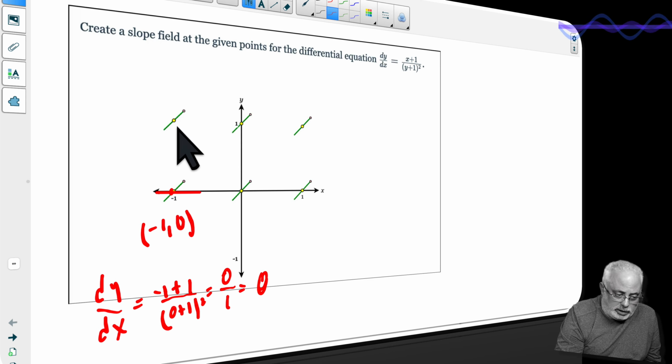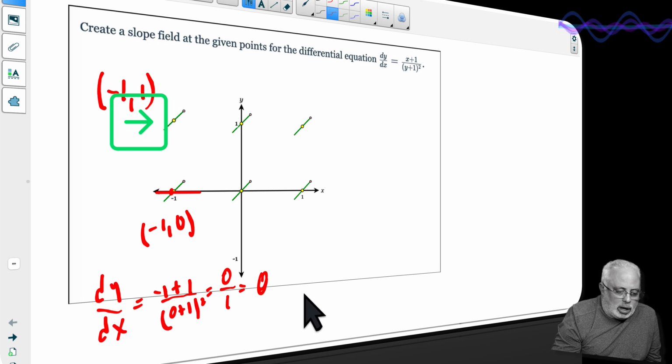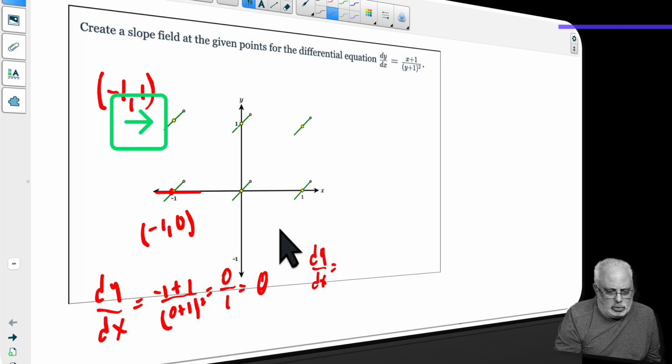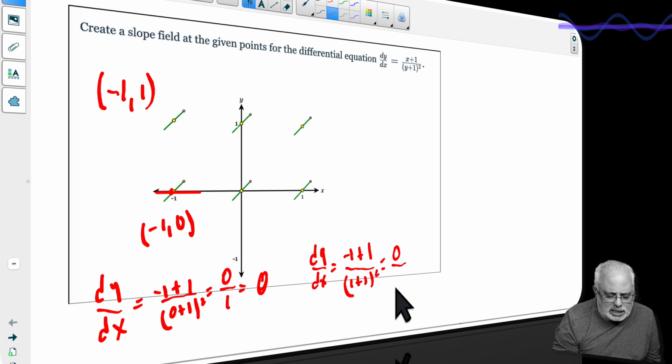We can do it for this point right here, which is negative 1, comma 1. So we evaluate dy/dx for that value. The x will be negative 1, the y will be 1, and I have here negative 1 plus 1, 0. 0 divided by any number will be 0.